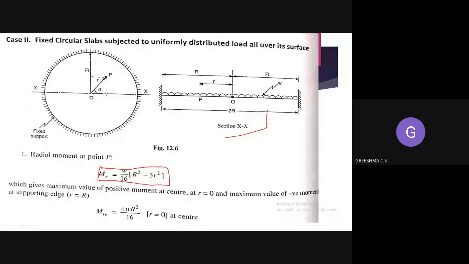Now, where will we have the maximum moment?